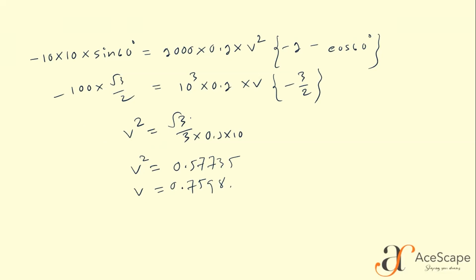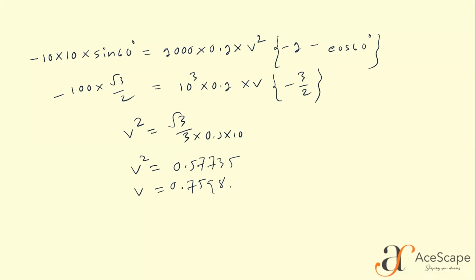There is 10 left. 2 is getting cancelled. Root 3 divided by 3, this is right. 0.1 into 10. I think this is the answer, no? 0.75. You guys are getting 0.75. Check your calculation once. What is the answer you are getting?